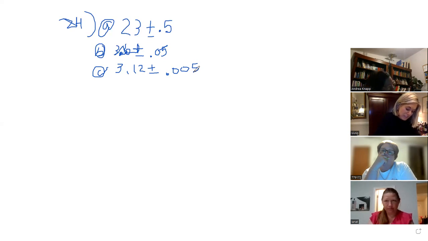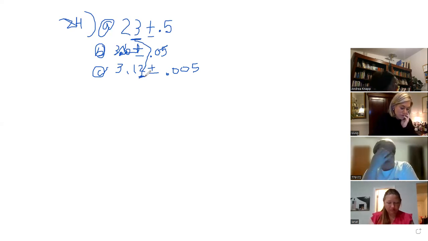Wait, why does it change? Because it's meters, just like C is the same unit as A. But A is only measured to the nearest whole number, whereas C is measured to the nearest hundredth. But still meters on all. Well, A and C are meters, B is centimeters.